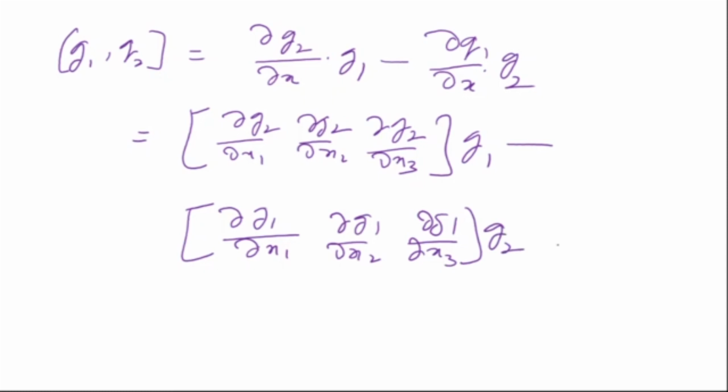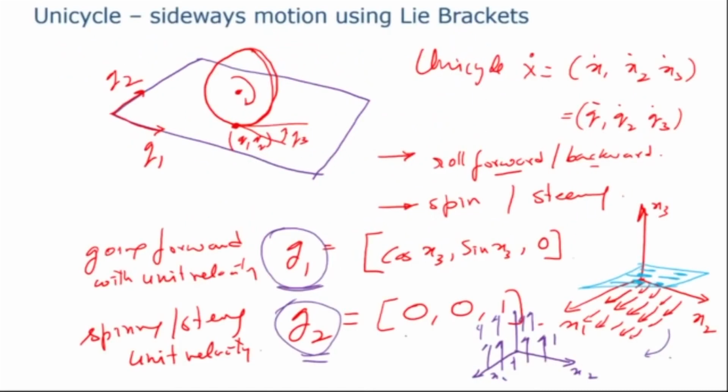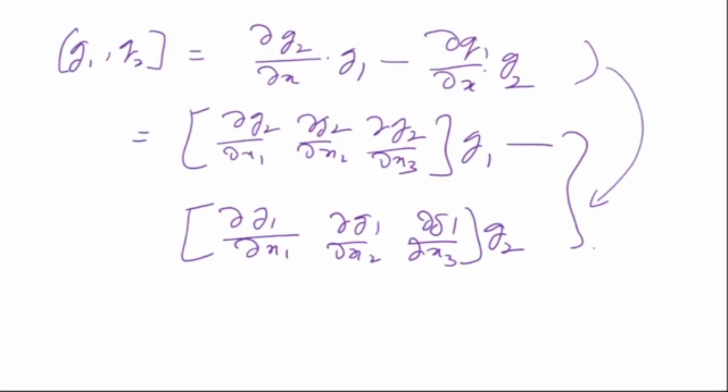Now all I have to do is put in the values. I'm taking the derivative of g2 with respect to x1, x2, x3. What is g2? g2 is 0, 0, 1, so it doesn't contain x3 at all. So this is going to become equal to 0. So I have 0, 0, 0, 0, 0, 0, 0, 0, 0.